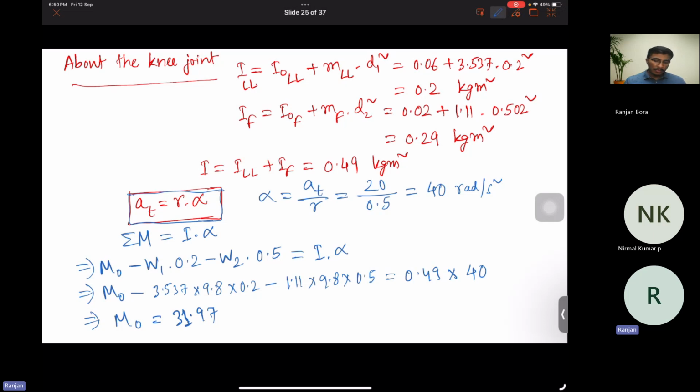And what is the unit of moment? It is Newton meter.